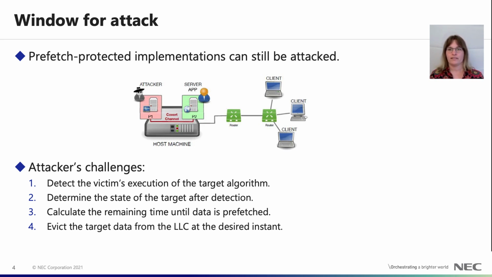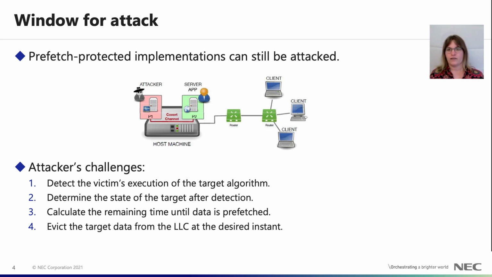This is our setup. We have an attacker and a victim who both work on the same machine. This is the only assumption that we have. Both can have user-level privileges only, and they don't need any further synchronization than what we present to you. The attacker's challenges in this scenario are: the attacker needs to detect the execution of the target algorithm when the victim starts it.